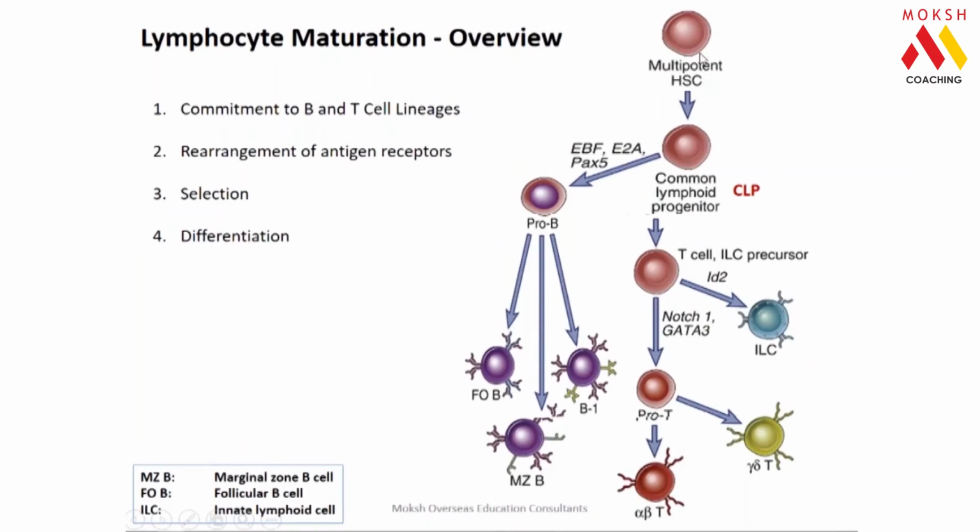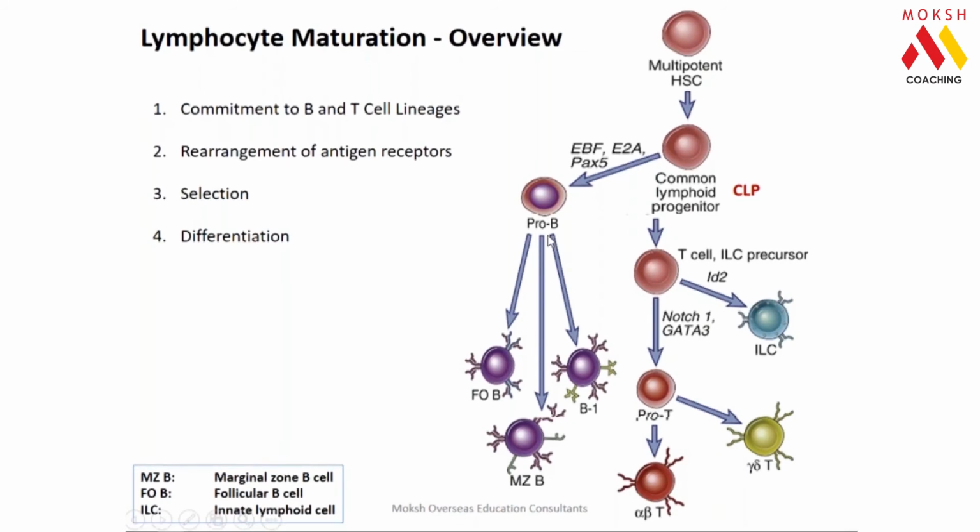So lymphocytes come from hematopoietic stem cells, HSCs. Under the influence of certain transcription factors, a hematopoietic stem cell becomes a common lymphoid progenitor. And that lymphoid progenitor becomes either a pro-B cell or a precursor for a T cell.